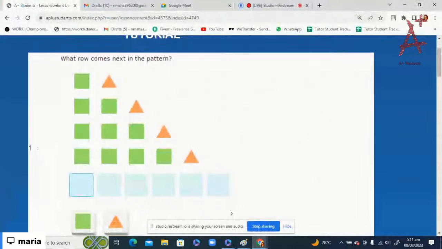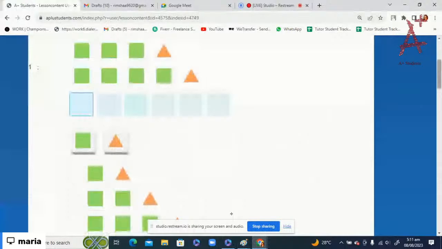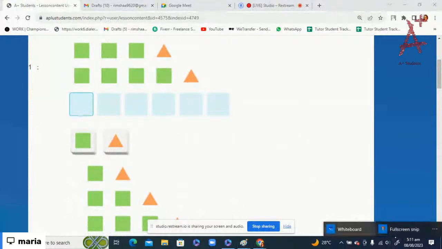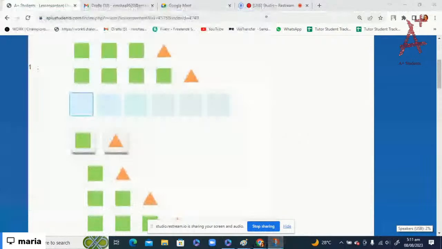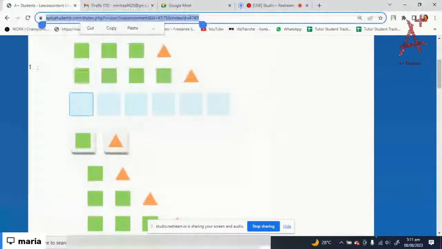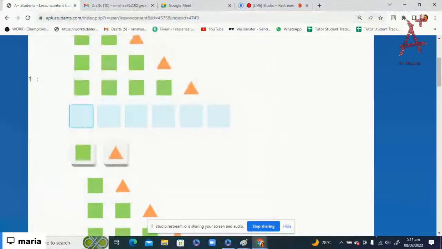Here is the fifth row. We just need to put, wait, I'm going to sketch this. So here is one, two, three, four squares and one triangle.